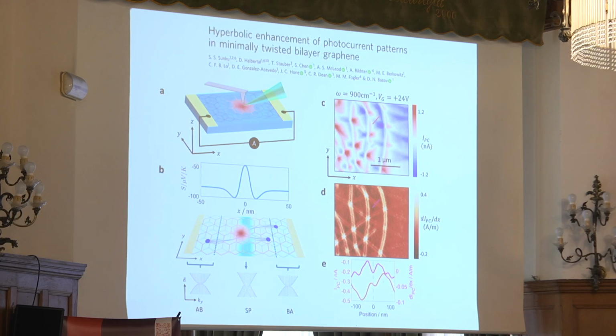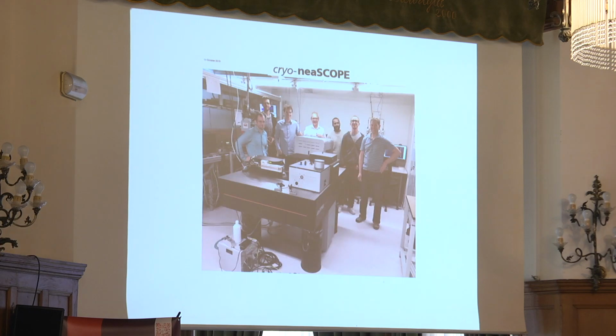Dimitri published this work recently where they had even enhancement of photocurrent patterns from the hyperbolic phonon polaritons. And this is Moiré systems, which I will show you in more detail in a second, so I won't go into too much detail here. But they saw this splitting here, which is related to the phonon polaritons.